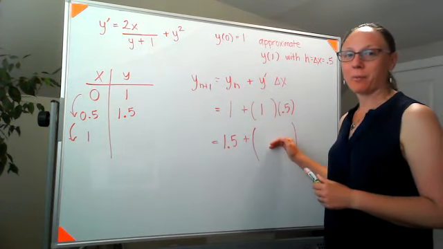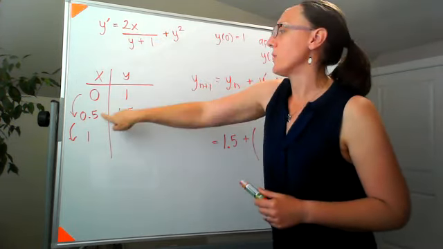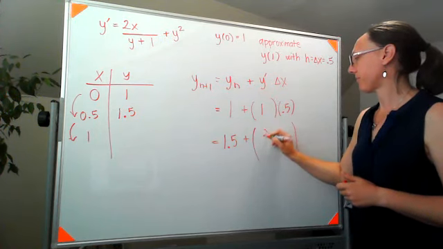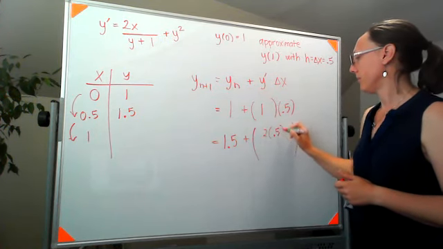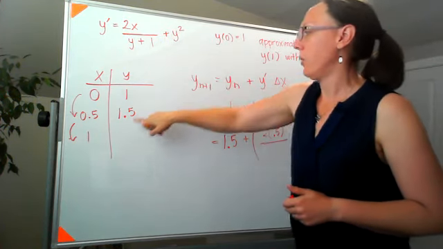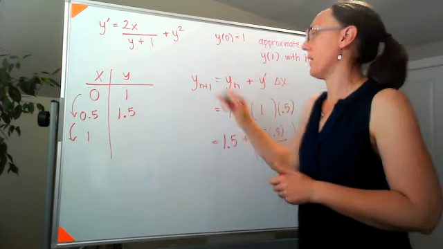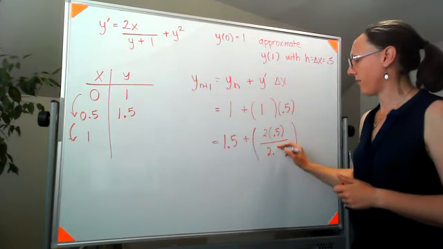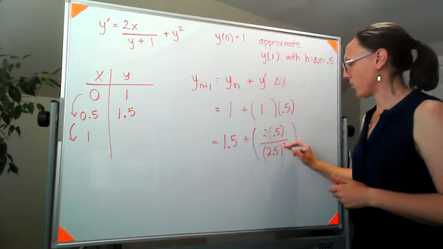So for that y prime piece, I'm going to have 2 times 0.5 divided by 1.5 plus 1. So that's 2.5 squared.